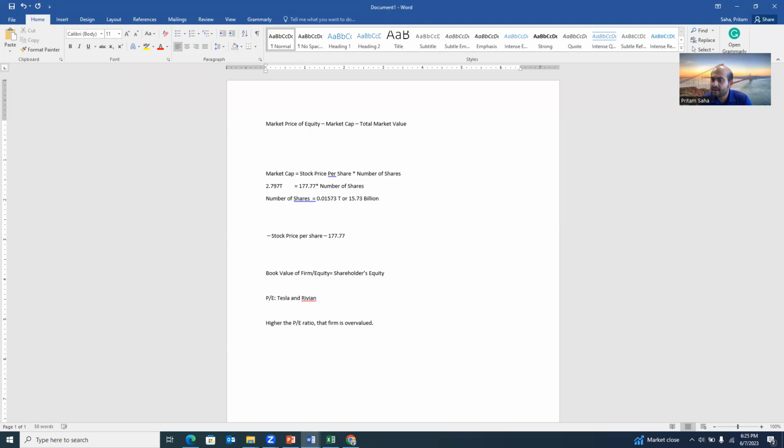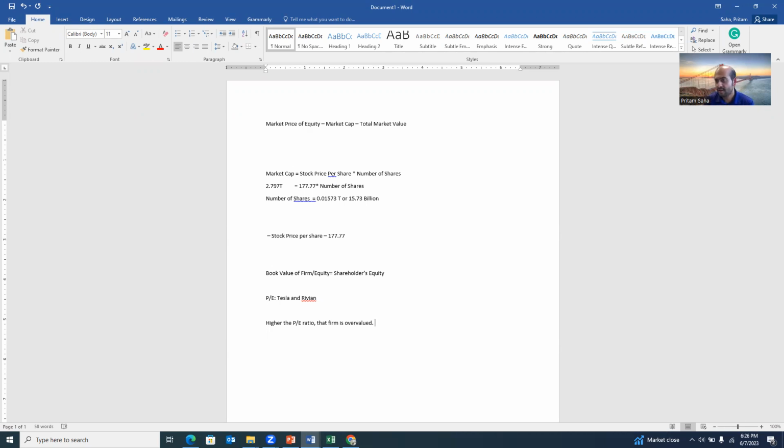What does that mean? When you say overvalued, it means this firm is expensive as compared to fair value. So what is fair value? You can measure the fair value by the book value of equity. That's a proxy. We're going to talk more about fair value, but right now you can think of the book value of equity as a good proxy for fair value.